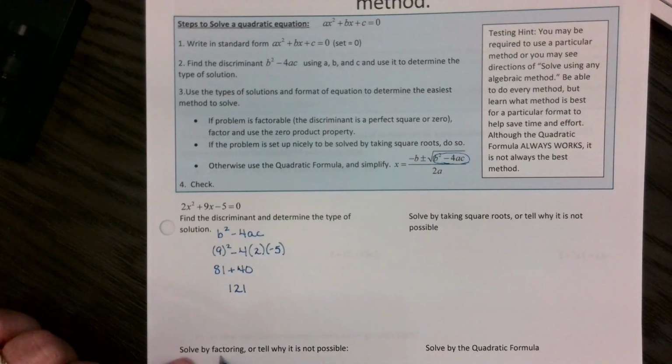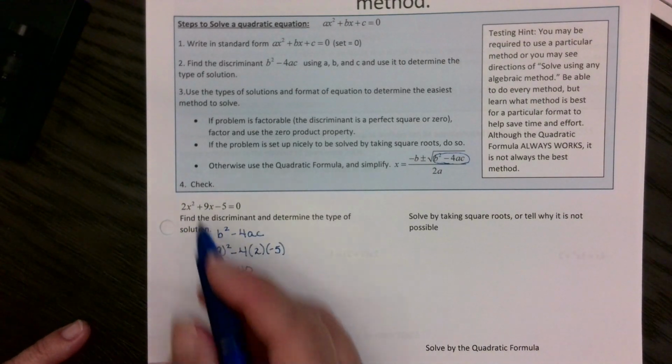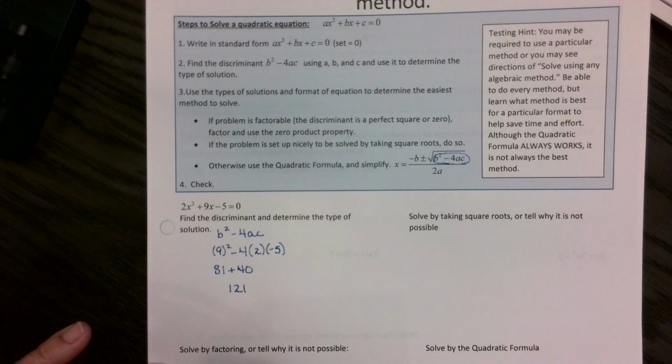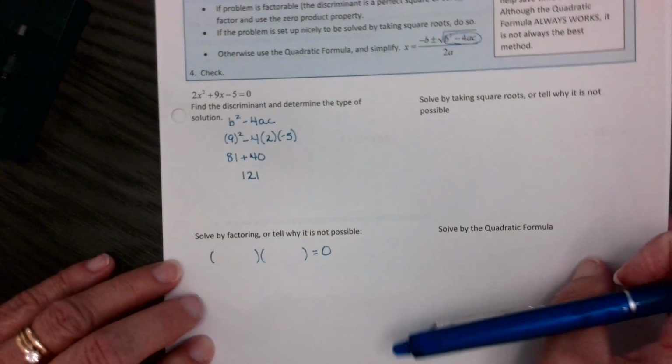So it says solve by factoring, or tell why it's not possible. It will. So let's go ahead and do that. So I am going to factor it. I know it factors. So I am going to use just trial and error at first.